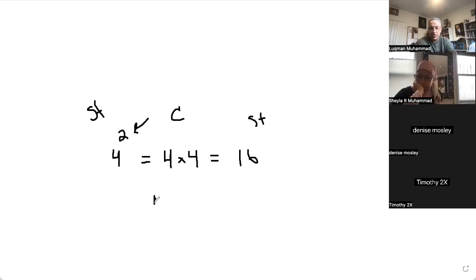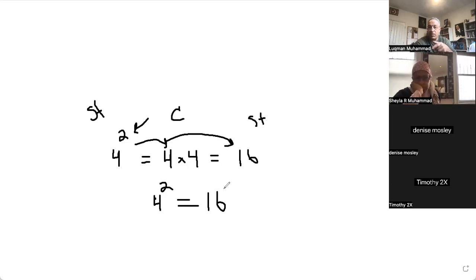So basically, 4 squared equals 16. I'm just showing you each step, that way you can go step by step. This is the gradient. Because if I just said 4 squared equals 16, if you don't know the gradient in between there, you'd be like, okay, well, how did you get from here to here?